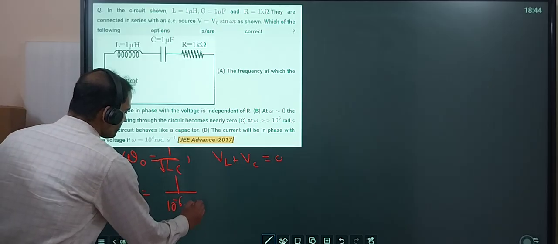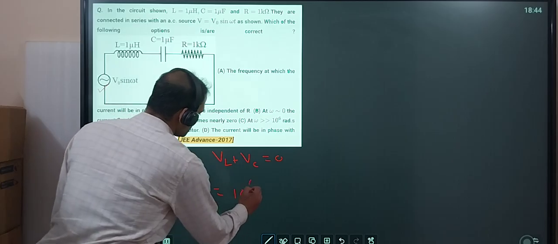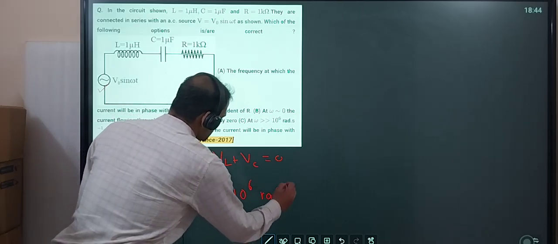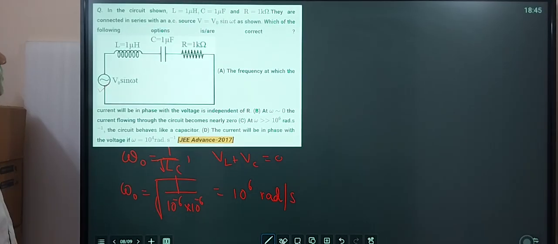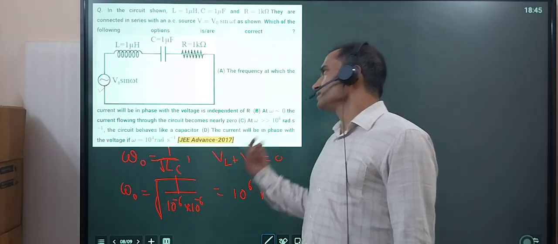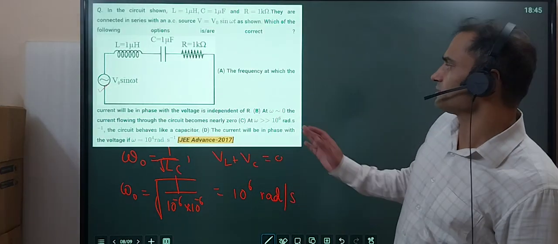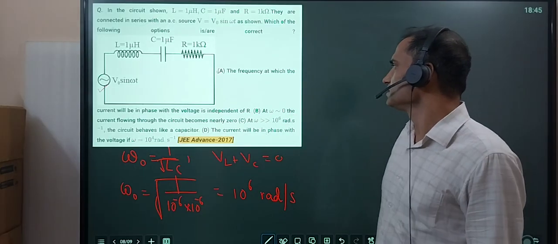This is also 10 to the power minus 6 under root. So this should be the angular frequency at which current will be in phase with voltage, and also it is independent of R. So A is correct. Okay, no problem with A.